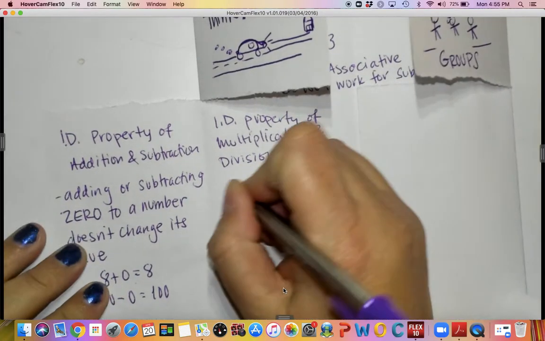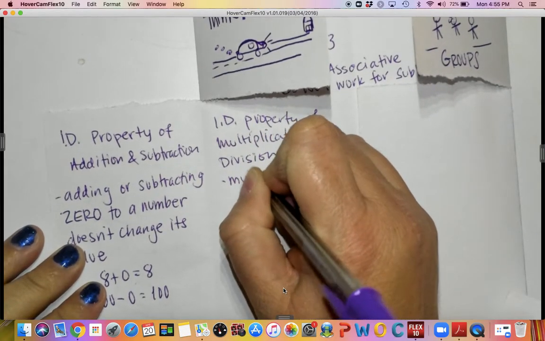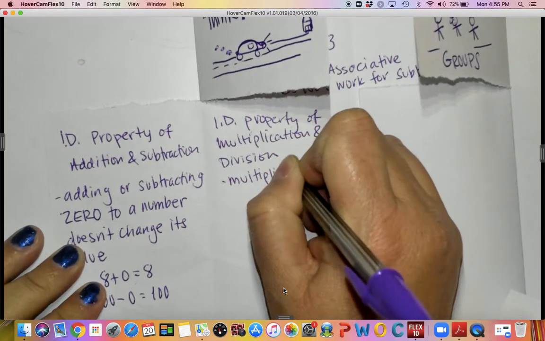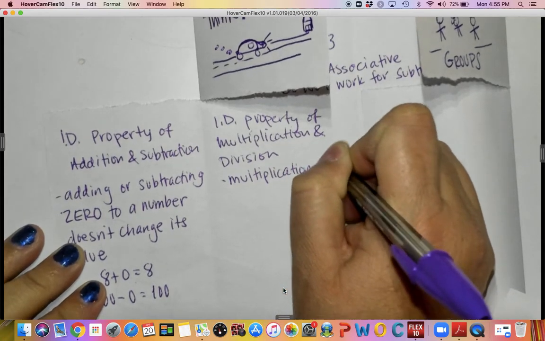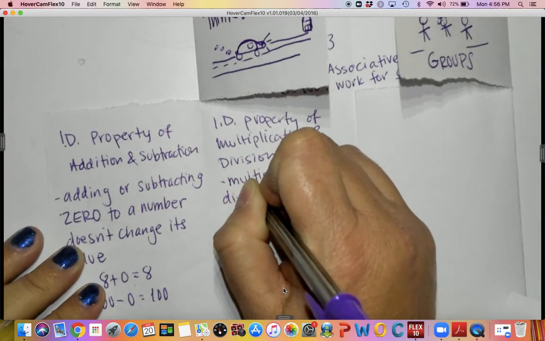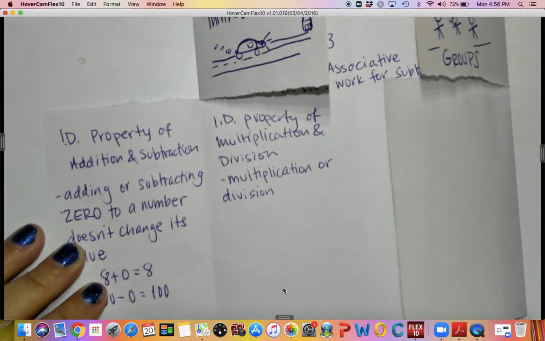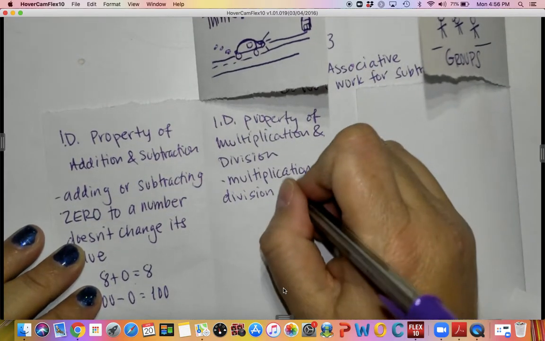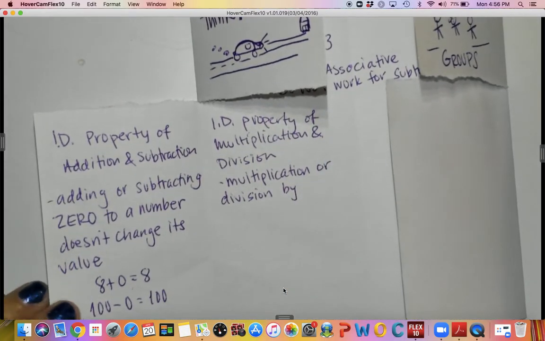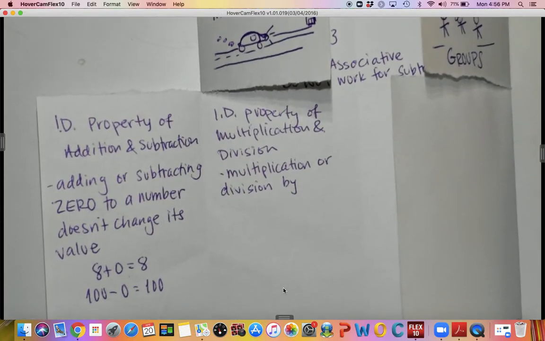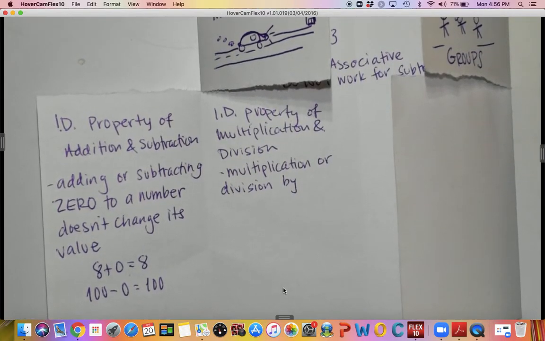So, what it is, multiplication or division by what number? What number doesn't change the identity if I multiply it or divide it? If I multiply 8 by what? It's still 8. If I divide 8 by what? It's still 8.